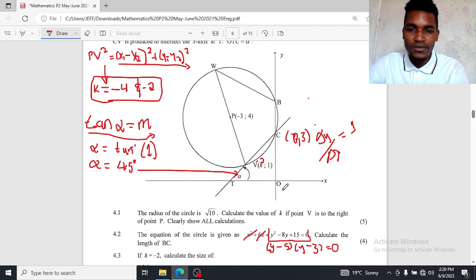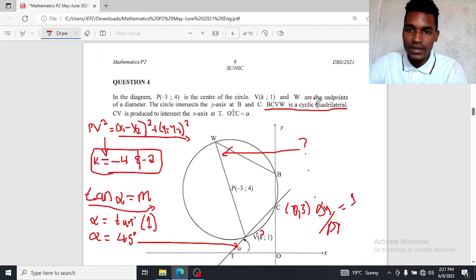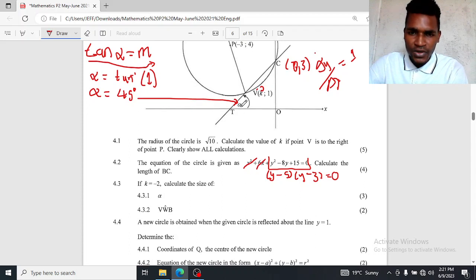The next question asks for angle VWB. We are looking for this angle. We can use our theorems, since this is a cyclic quadrilateral. Since this is 45 degrees and the y-axis is perpendicular to the x-axis, this is 90 degrees.